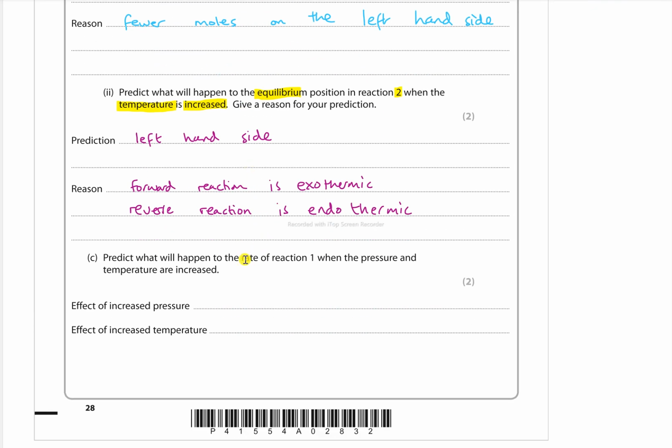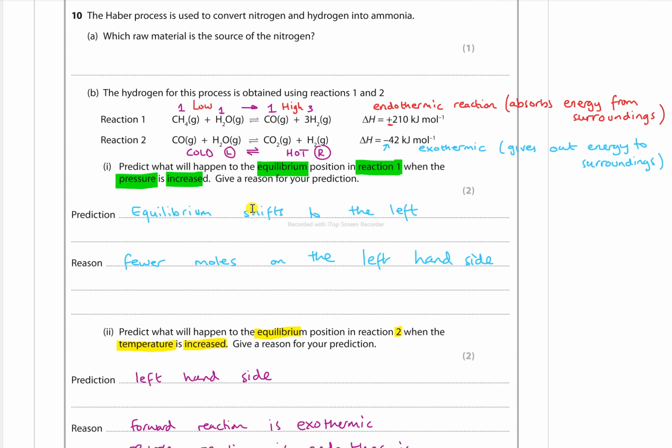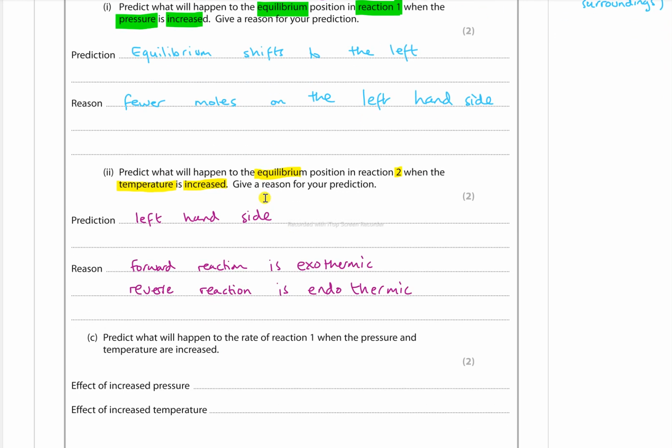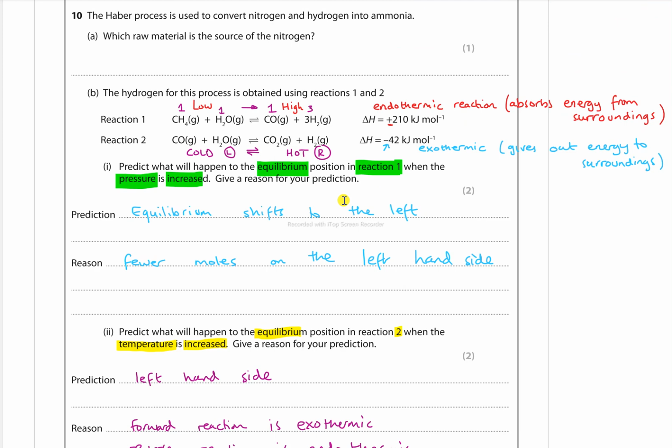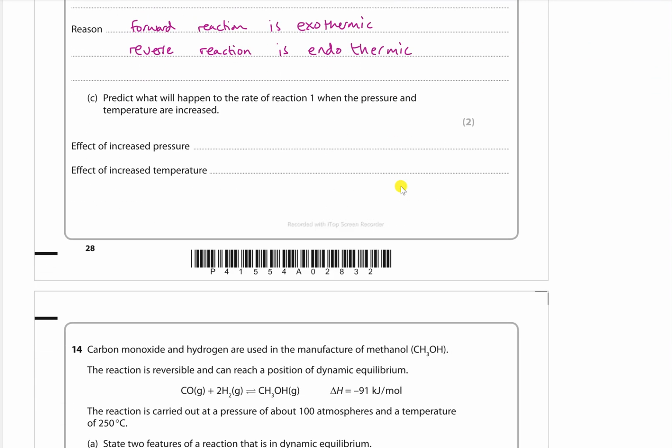Predict what will happen to the rate of reaction when pressure and temperature are increased in reaction 1. Right, so if you increase pressure, and this is the key thing you've got to look out for, it's the rate of reaction it's asking for, not the equilibrium now.